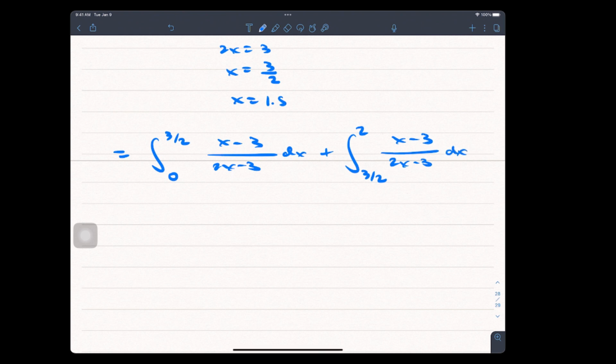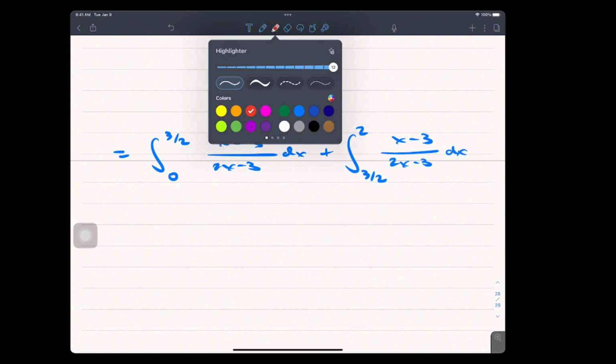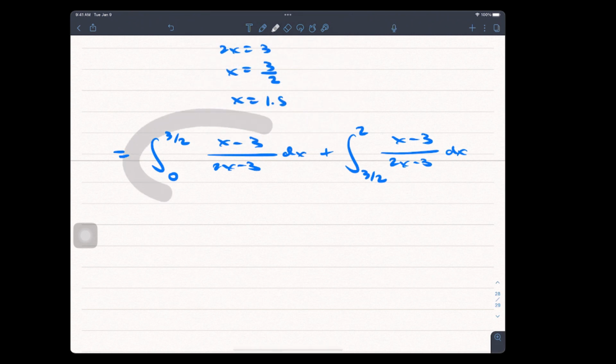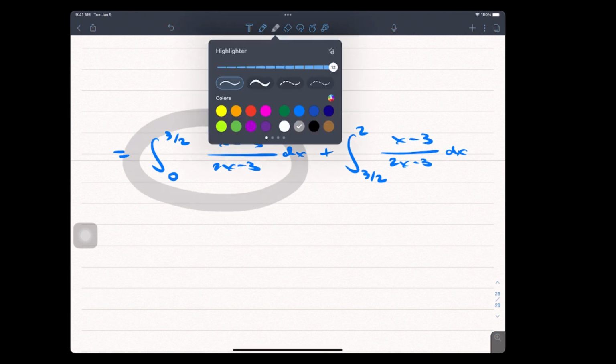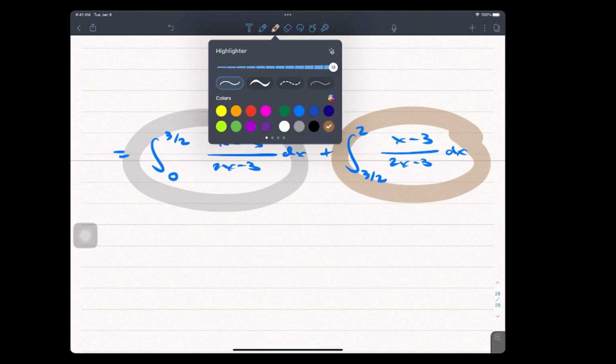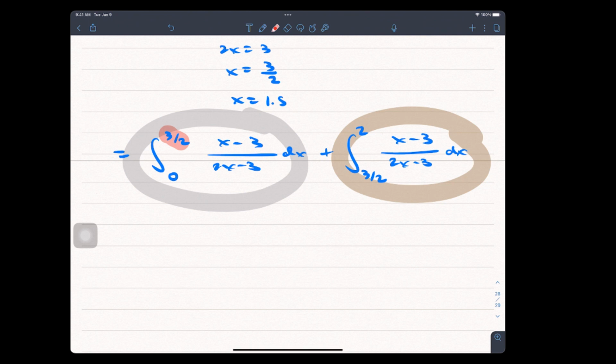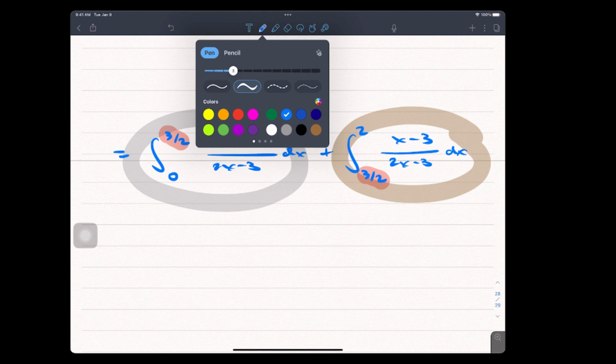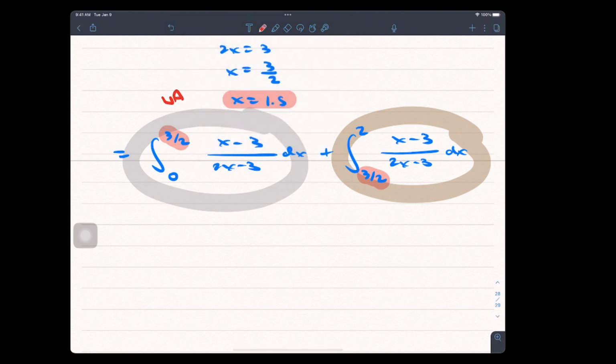So the point I want to make now for you guys is this. Hopefully you observe this here. You got 2 improper integrals now. The problem is at 3/2, you have a vertical asymptote, okay? So there's a vertical asymptote at 3/2.